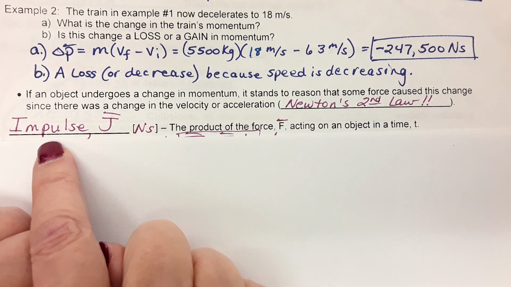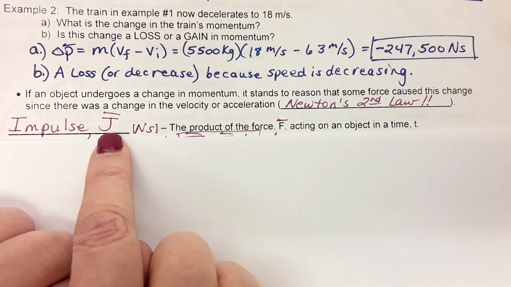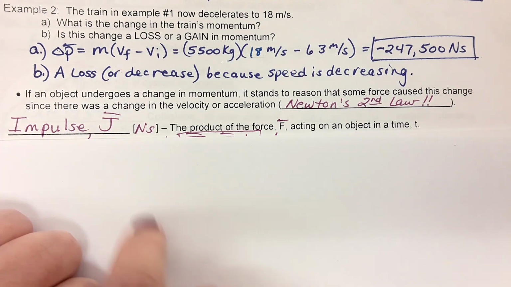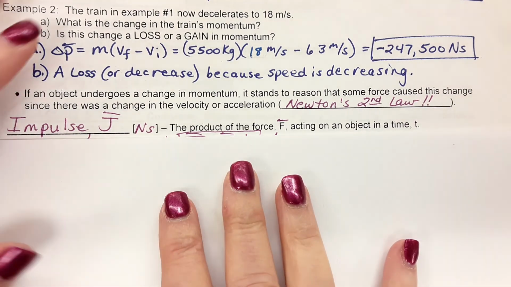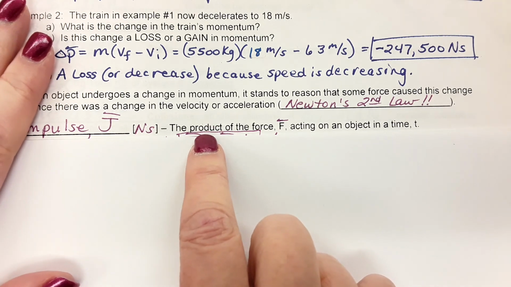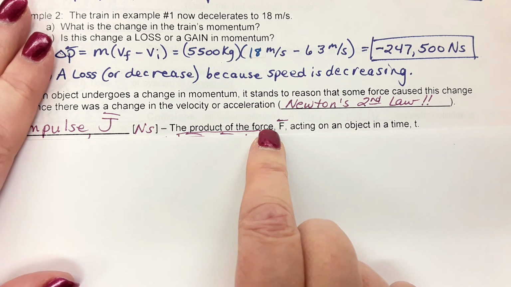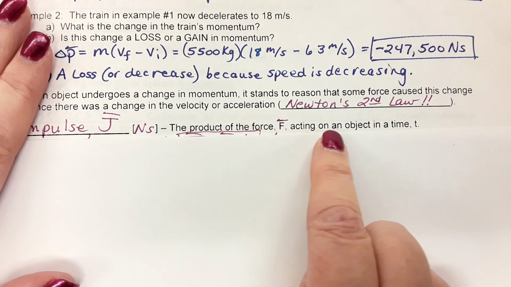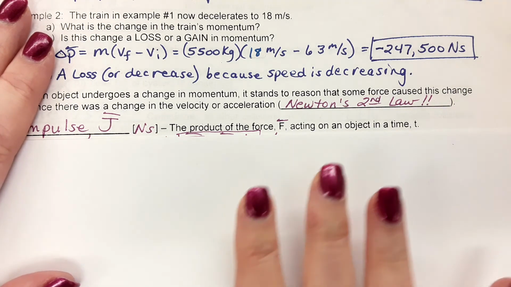Now, impulse. This is where the force comes in. A new quantity called impulse, and we use a capital J for impulse. We don't use a capital I. That's because capital I is already being used for at least two other quantities in physics, and we can't use it for a third. So they use a capital J for impulse. Notice what it is. It's the product of force acting on an object in a time period.